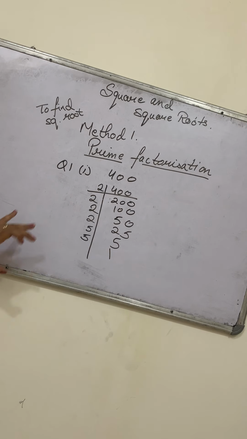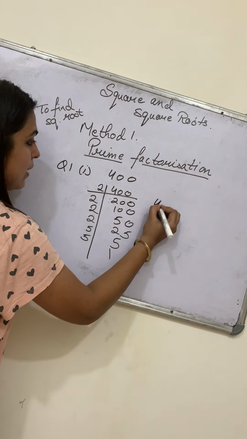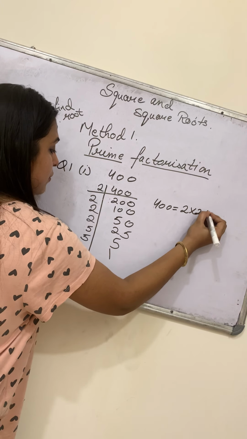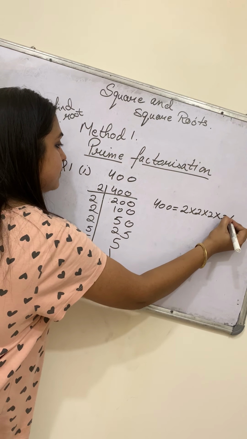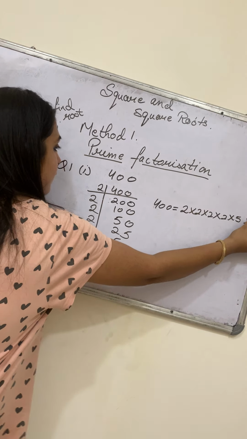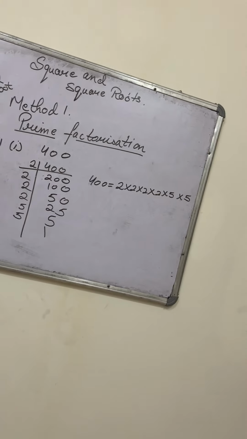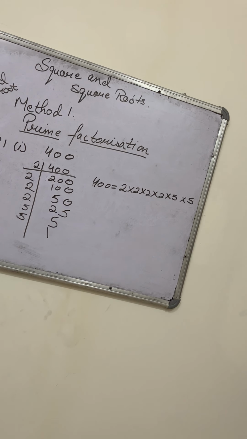Okay, so we got the factors. We are going to write it this way. 400 is equal to 2 2 this is your factorization that we have written, right?